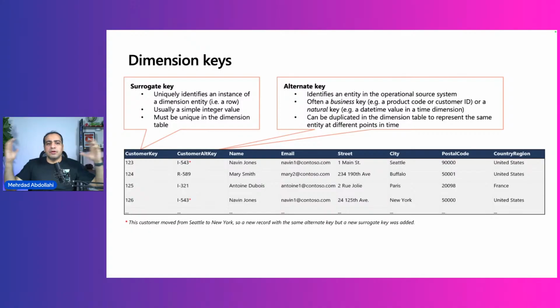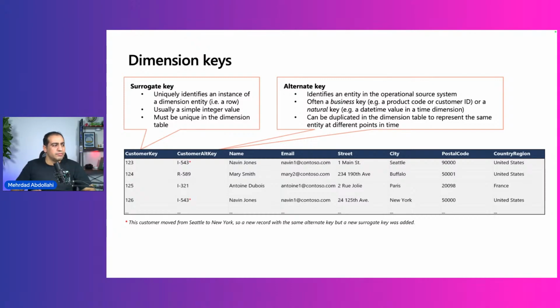So when we are getting everything in one place, we provide them with a surrogate key that is going to be per row, and it is usually a simple integer value. And of course, it must be unique in the dimension table.